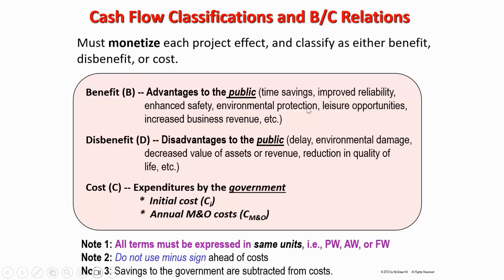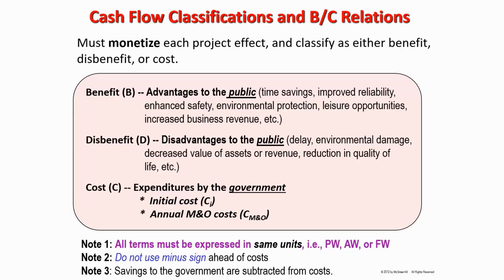But what we still do is combine them together and find out whether the benefits outweigh the costs. That's basically the analysis: do you have more benefit than cost? Because if the costs outweigh the benefits, then you shouldn't do a project. You should only do a project if the benefits are greater than the cost.